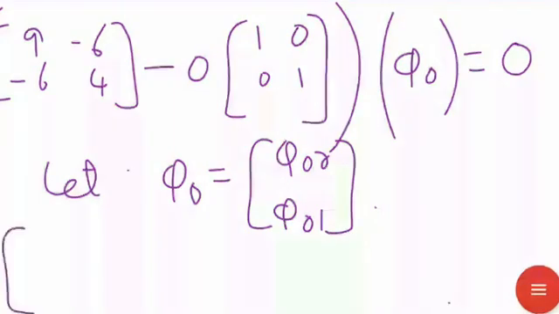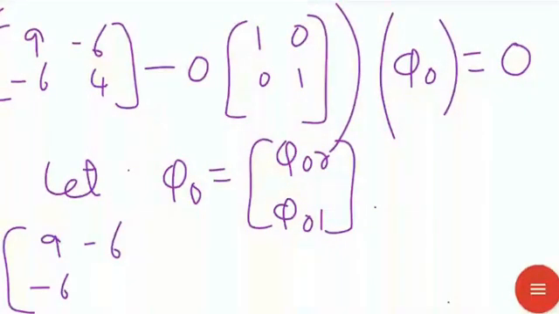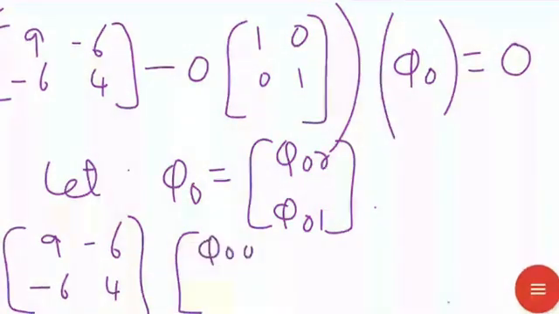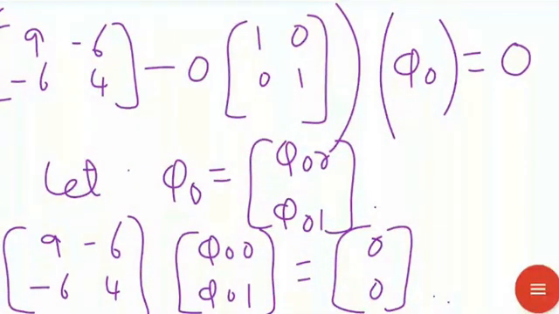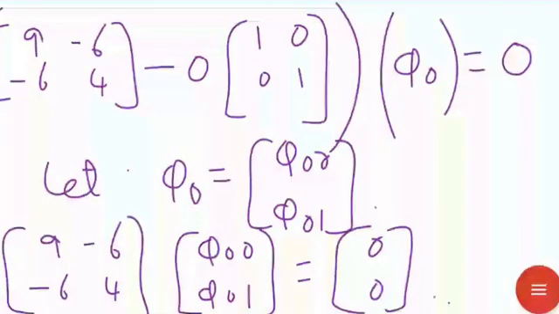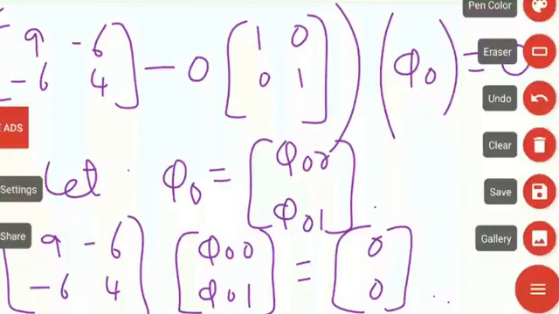This is [9, -6; -6, 4] into [phi 0,0; phi 0,1] is equal to, here 0 means take a column matrix [0; 0]. So now here simplify this one and then find phi 0,0 and phi 0,1.